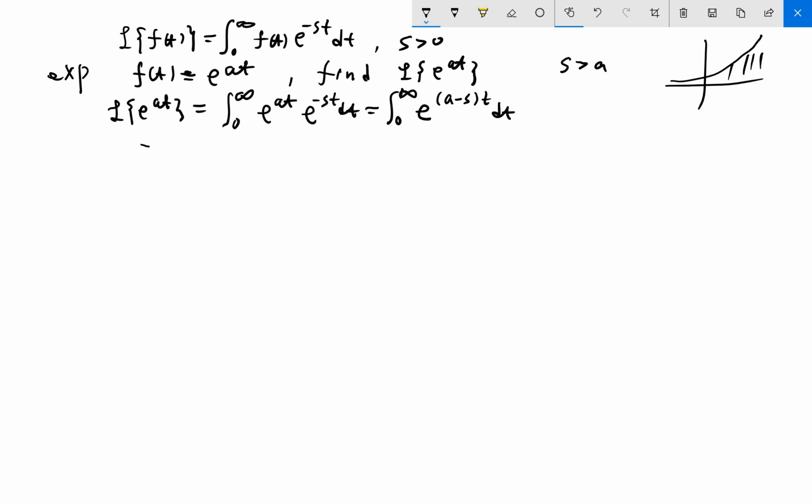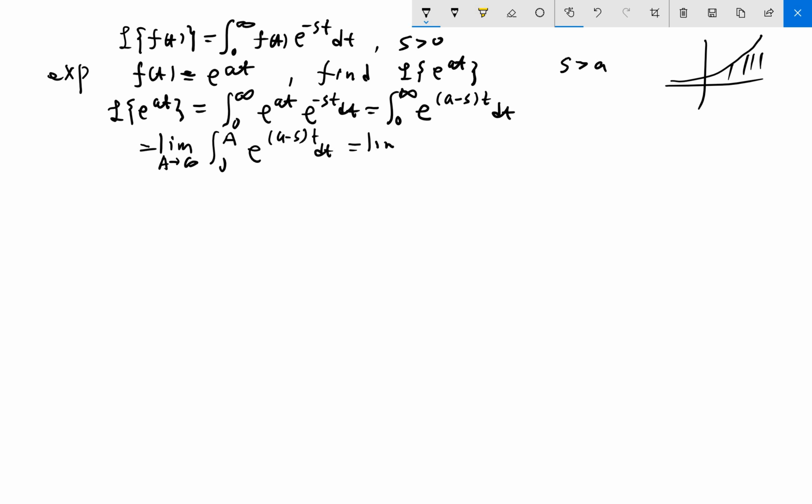By definition, this is the limit as A goes to infinity of the integral from 0 to A, which becomes a proper integral, of e to the (a minus s) t dt.